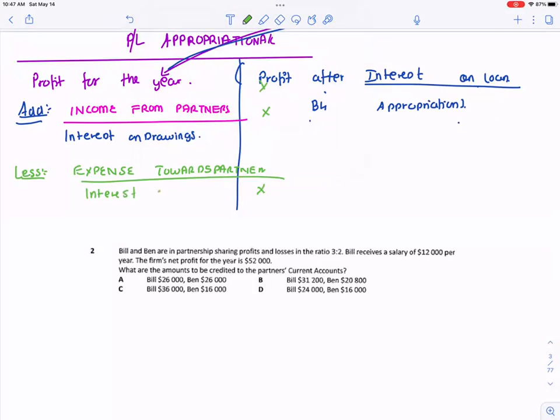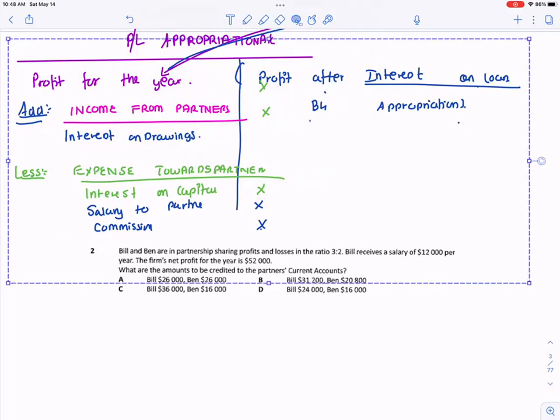It is an expense towards partners. Suppose we are giving salary to a partner, that we will subtract. Suppose if you are giving commission to a partner, that also we would subtract. Are you with me? Yes.